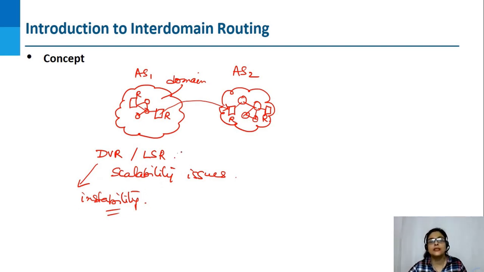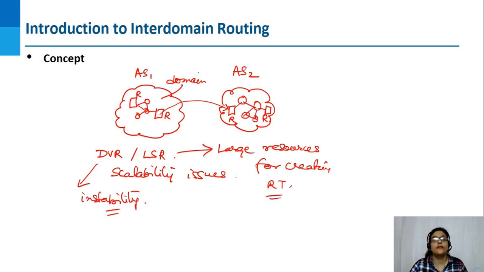Similarly, link state routing requires large resources for creating the routing tables if the domain is very large. So there is a need for a third routing protocol that is normally used for interdomain routing, and that is path vector routing.